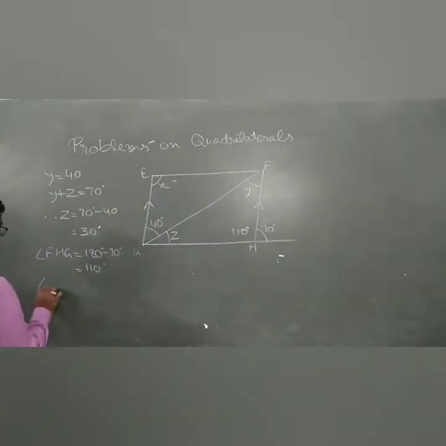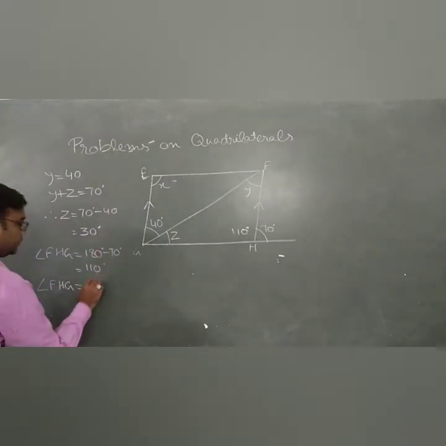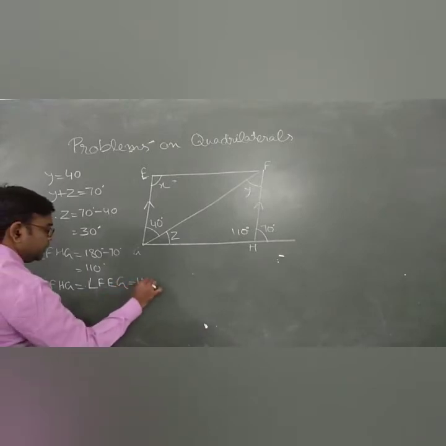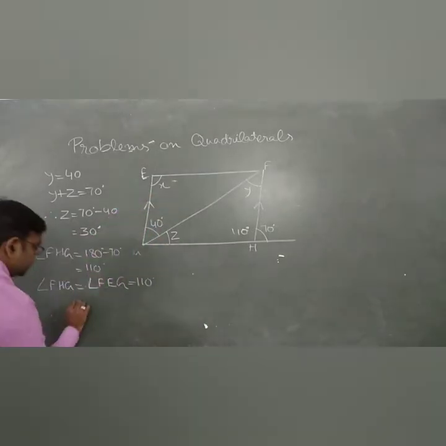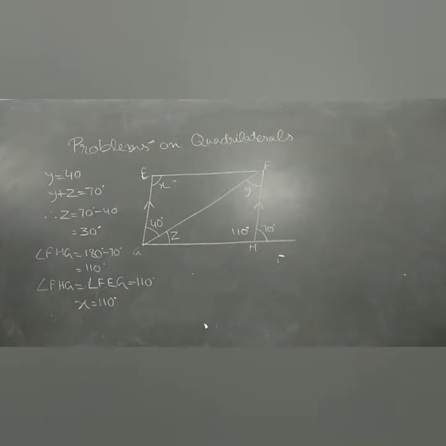And also we know that angle FHG equals, this is your E, angle FEG, and these two are equal, so this value is 110 degrees, and this one is X, therefore X equals 110 degrees. Clear? So likewise you can solve. You must write down the reason over here. Move to the next question.